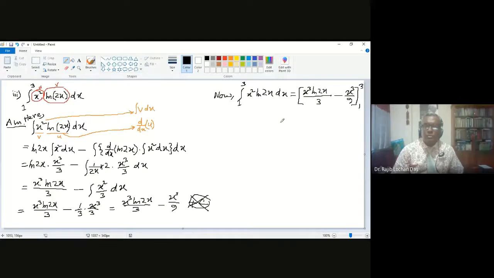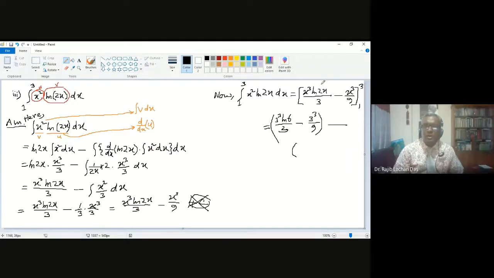So you now calculate, you put the 3 value first. So what is the 3 value? 3 cube ln 6 divided by 3 and then minus 3 cube divided by 9. This is the first part, okay, and then minus, then second part you are writing for 1.